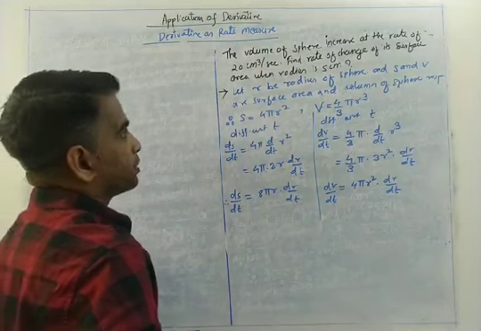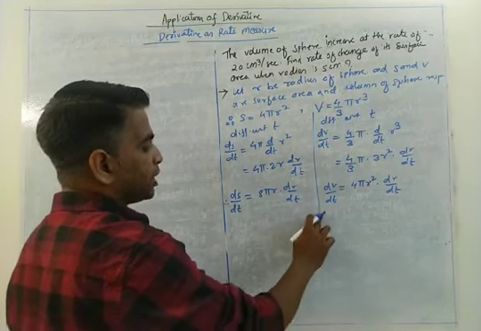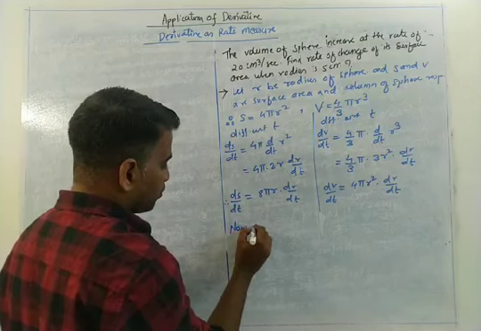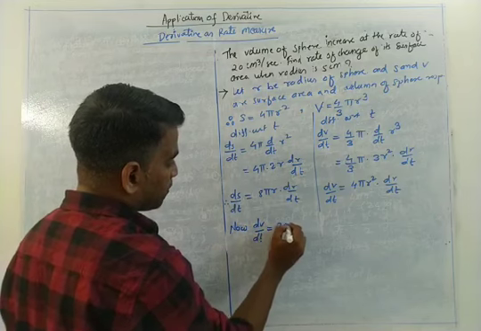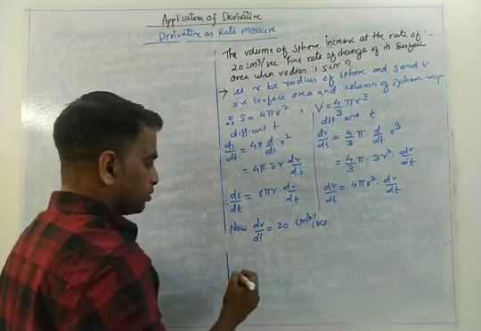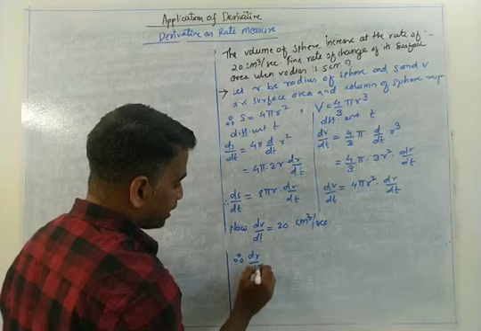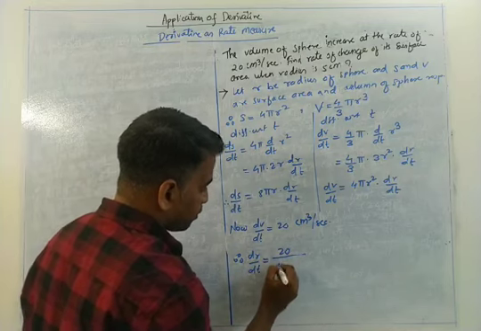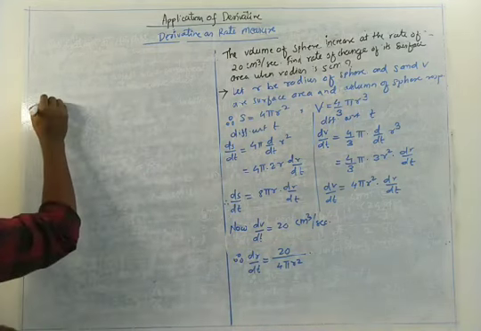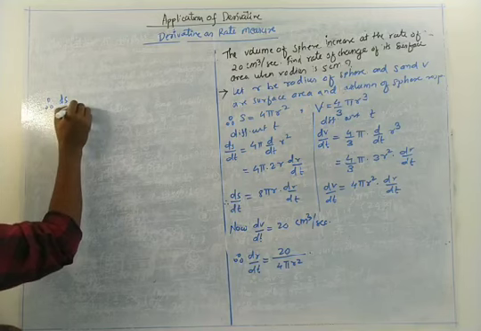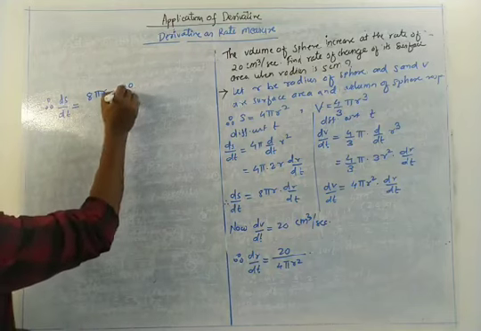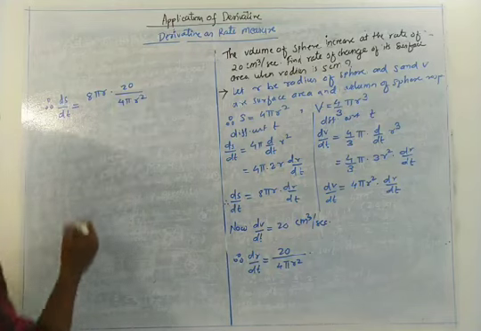Now in the given question, the volume of the sphere increases, it means the change in volume is given. So what is given there? dV by dt is equal to 20 centimeter cube per second. So therefore dr by dt is equal to 20 upon 4 pi r square. So now we substitute the value in dS by dt. So dS by dt is equal to 8 pi r into 20 upon 4 pi r square.